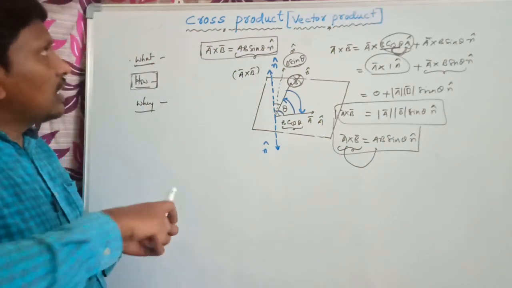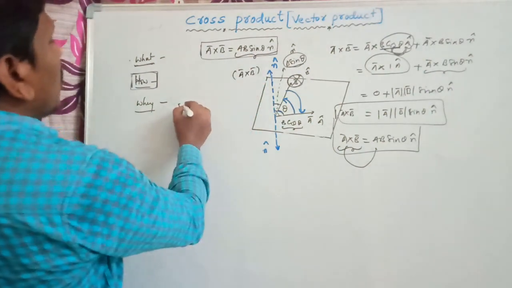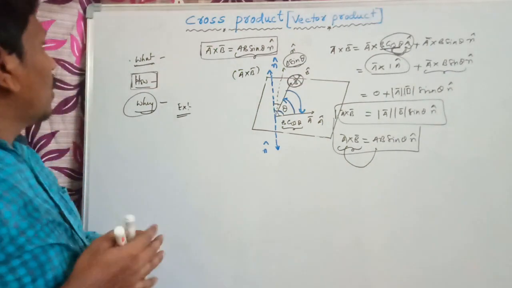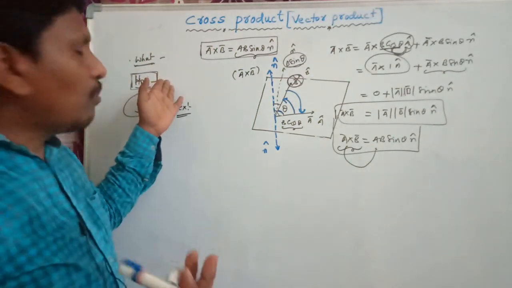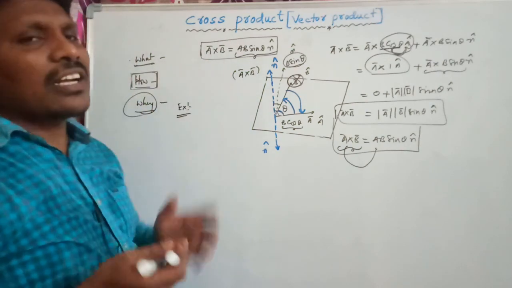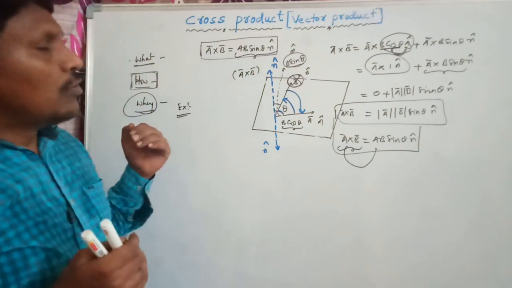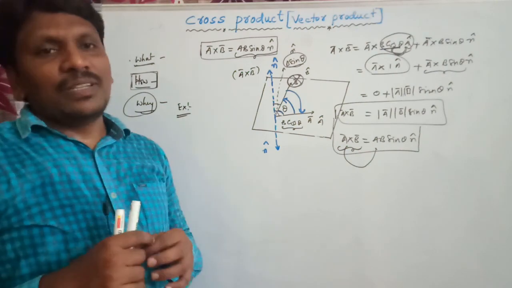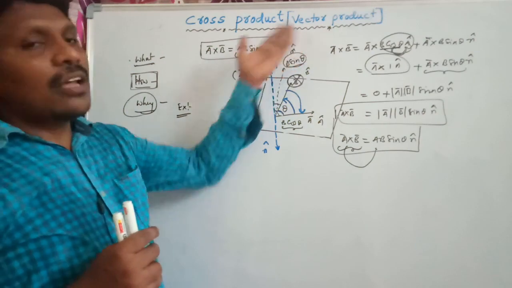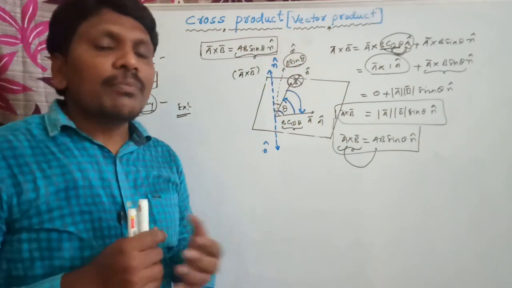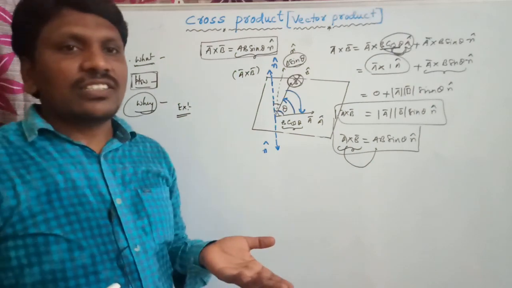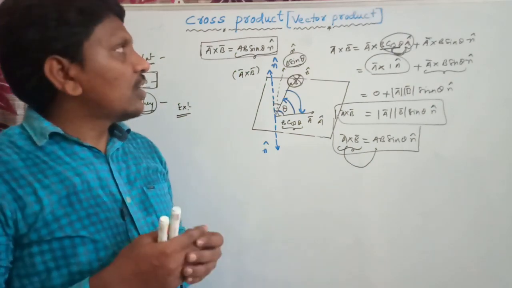So if you see the examples for the cross product, why should we study this vector product? For the application purpose. Physics is nothing but applications.